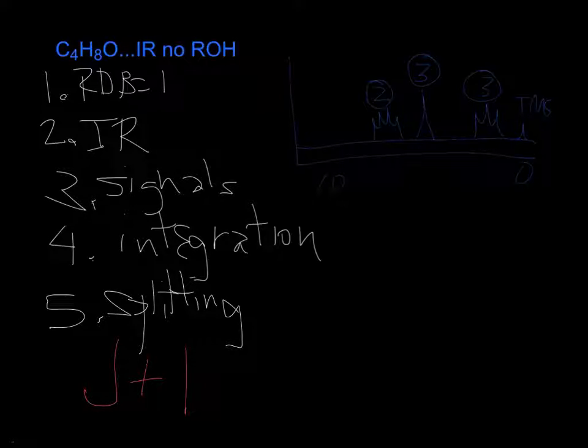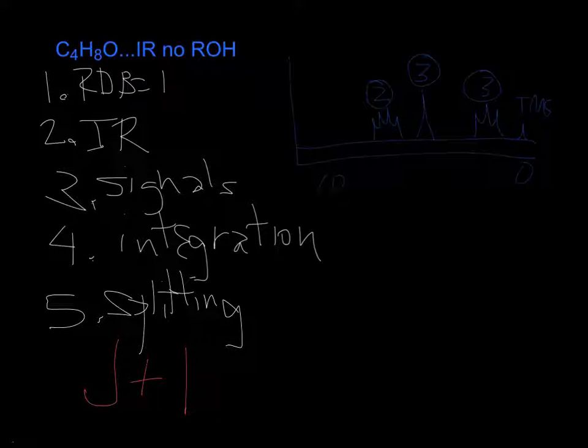It's the number of protons on what carbon? The adjacent carbon. So sometimes you have more than one adjacent carbon. We talked about the theory behind it and everything, but this is the hardest one. It actually tells you probably the most important information, but it's also the hardest one to grasp.